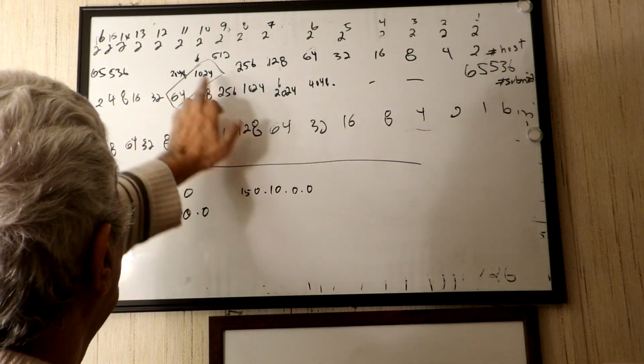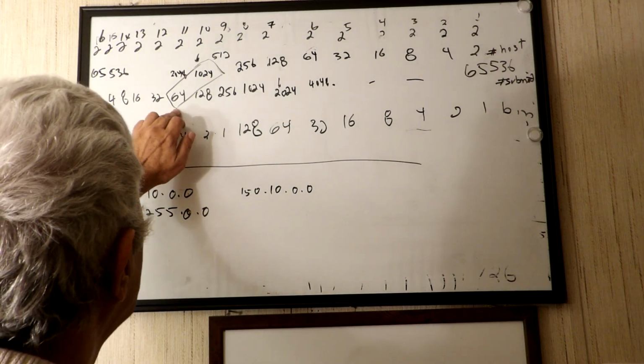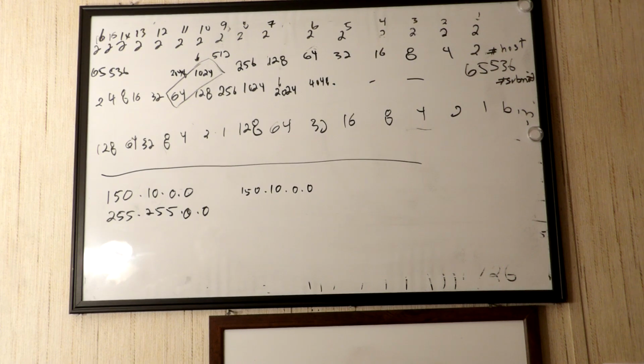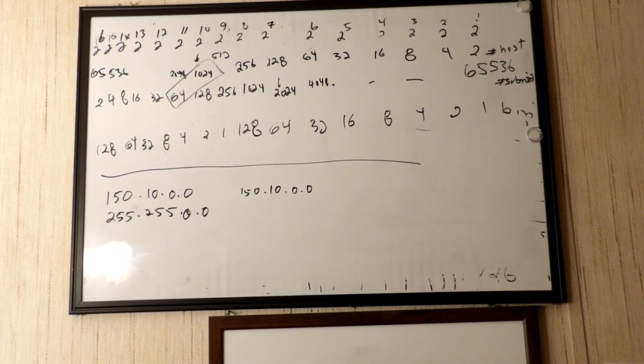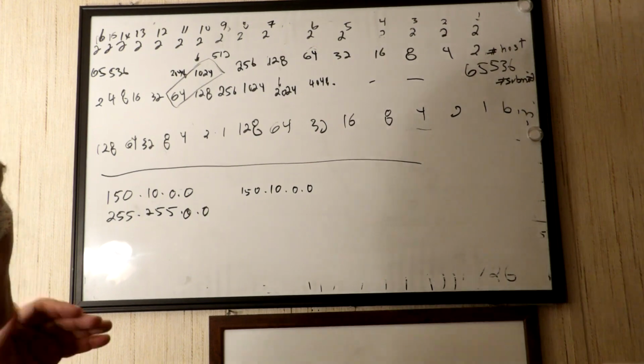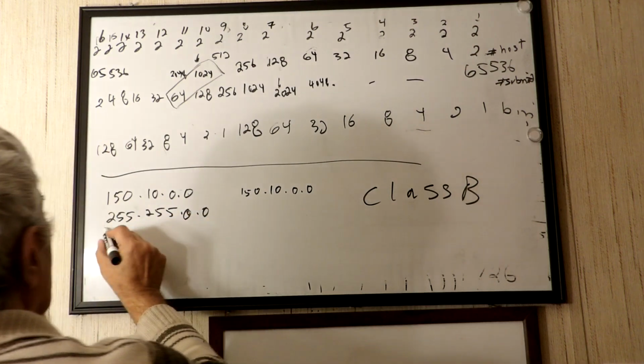Every time you add 1,024, and then there's 64 subnets. So you can have more subnets, so more hosts. If you are a big company and have a lot of computers and all devices, then you've got to use class B. This is class B, class B.